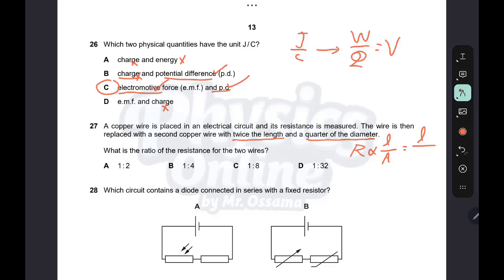A equals pi r squared, the radius. Of course, pi is constant, so R is proportional to L over D squared. L increases by 2, and D, the diameter, decreases to a quarter, so 1 over 4, squared. We have here 2 times 16 equals 32. So the resistance will increase 32 times.